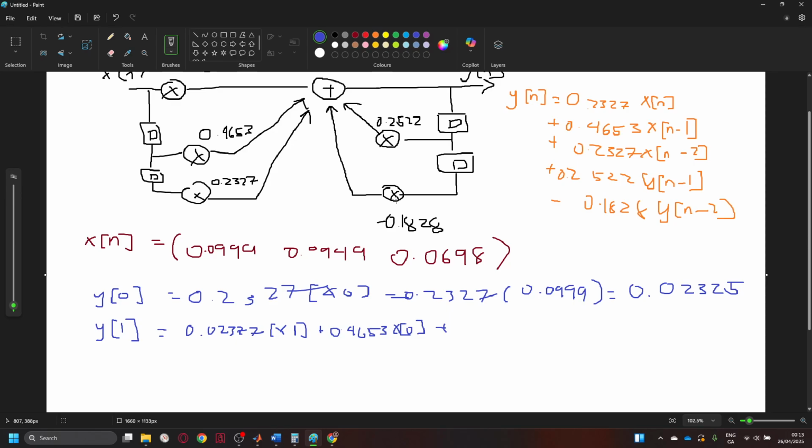The same goes for y of n minus 2 because we're just on n minus 1. So 0.2522 multiplied by y of 0, which is this one. So this is going to be this number here, 0.0949, this value here, 0.0999, and then this number, the 2325.